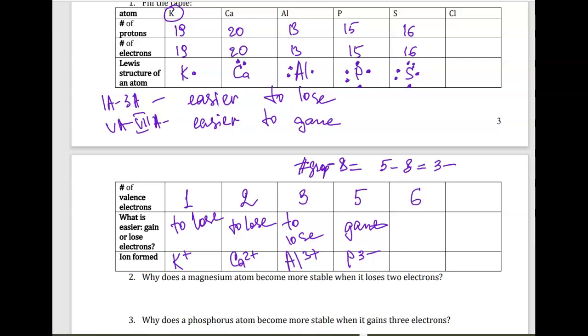What is easier? Again, you see 6A, between 5A and 7A. So it's easier to gain, it's non-metal. And ion formed, the same. So 6 minus 8 gives us 2 negative. It's all 2 negative, I'm sorry. 2 negative, of course, yeah.